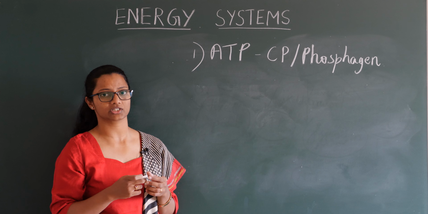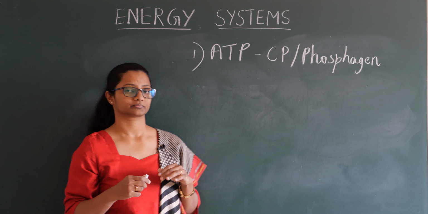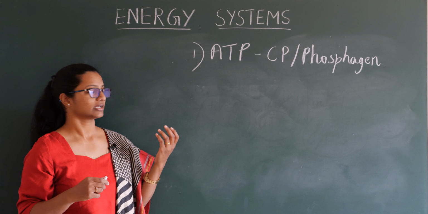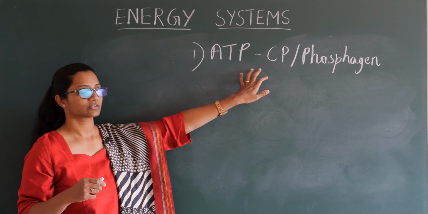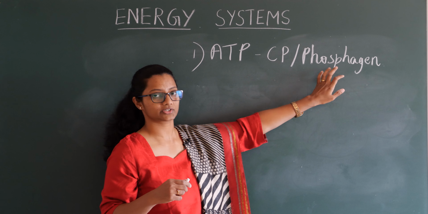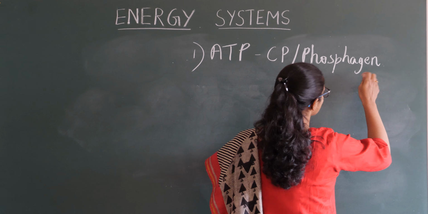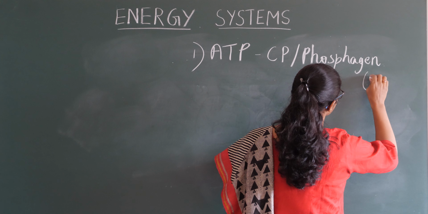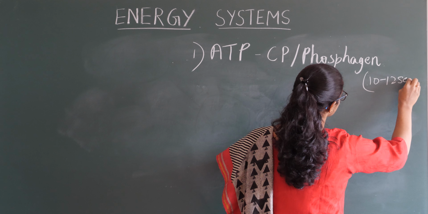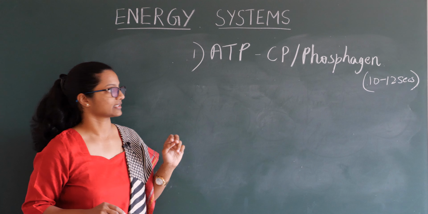A lot of energy body did not anticipate, and here to make energy, it does it very quickly through this cycle, ATP-CP or the phosphagen cycle, and this lasts for around 10 to 12 seconds.